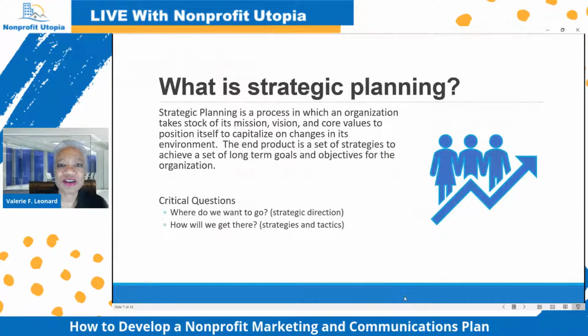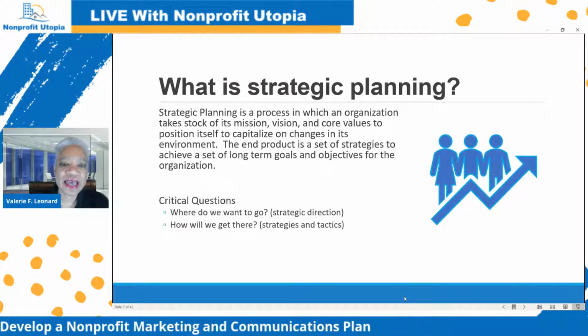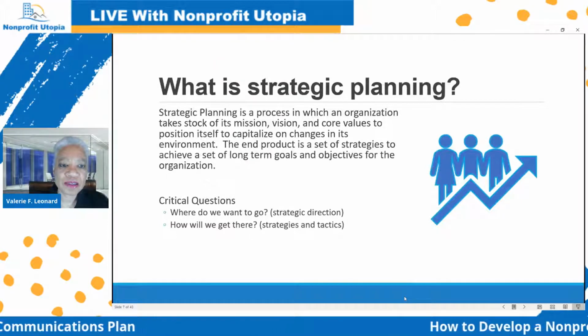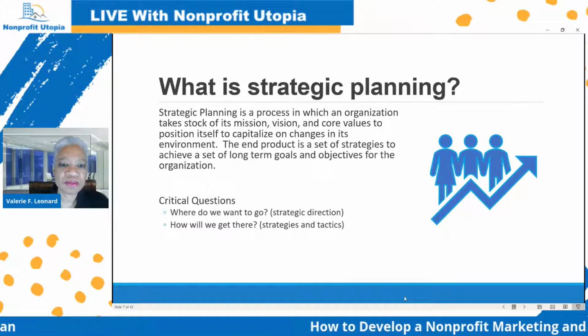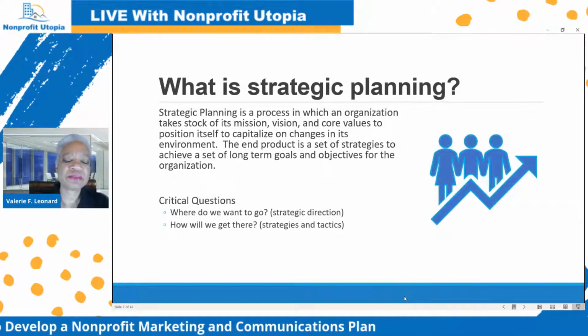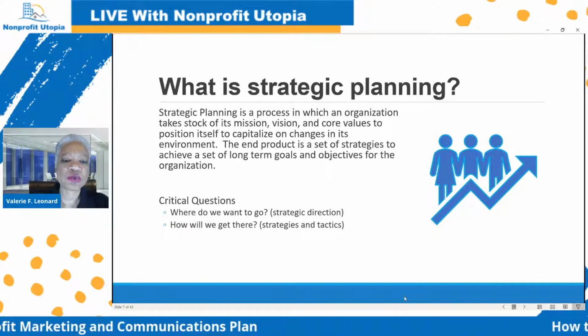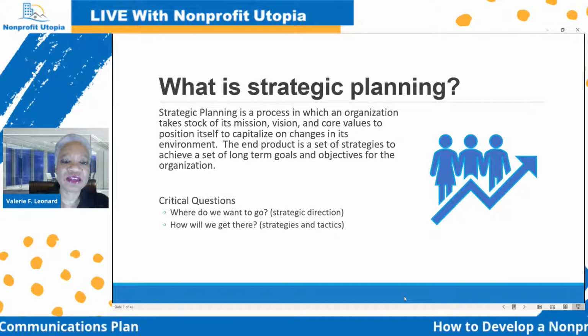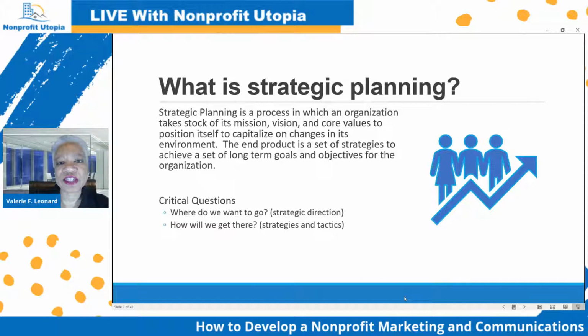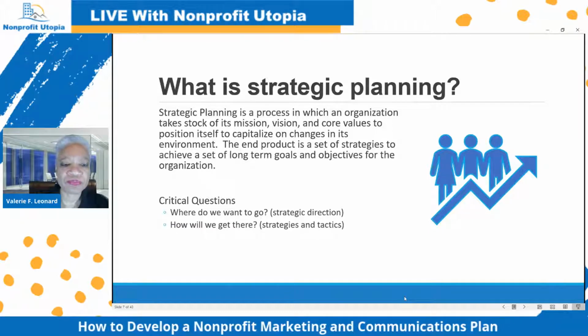All right, so we'll start off with strategic planning. As you may recall, we just spent a month on strategic planning a couple months ago. And we learned there that strategic planning is a process in which an organization takes stock of its mission, vision, and core values to position itself to capitalize on the changes in the current environment.